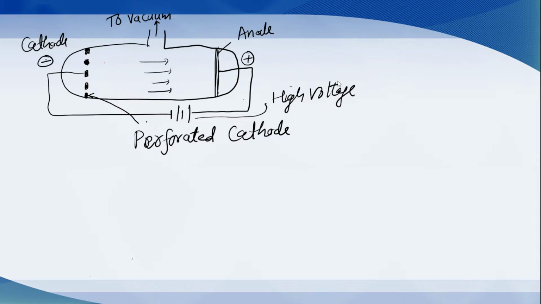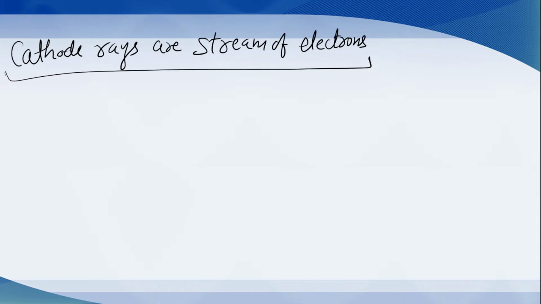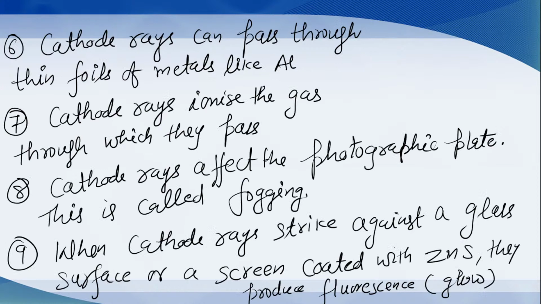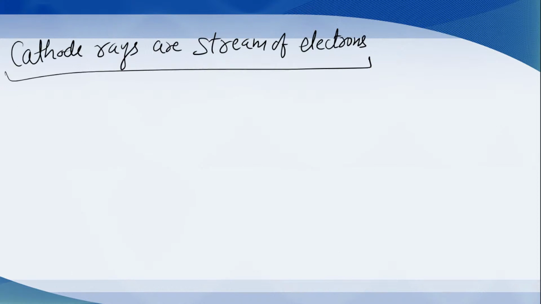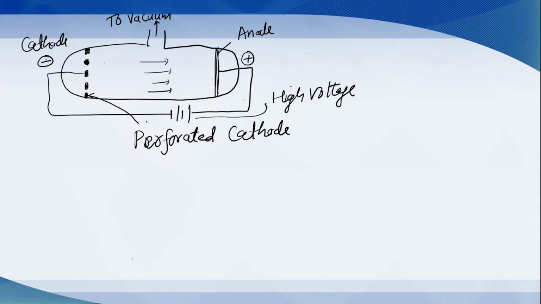Now, it is discovered that the atom has electrons. From the cathode ray, it is clear that the atom has electrons, and it was already discovered that the atom is electrically neutral.